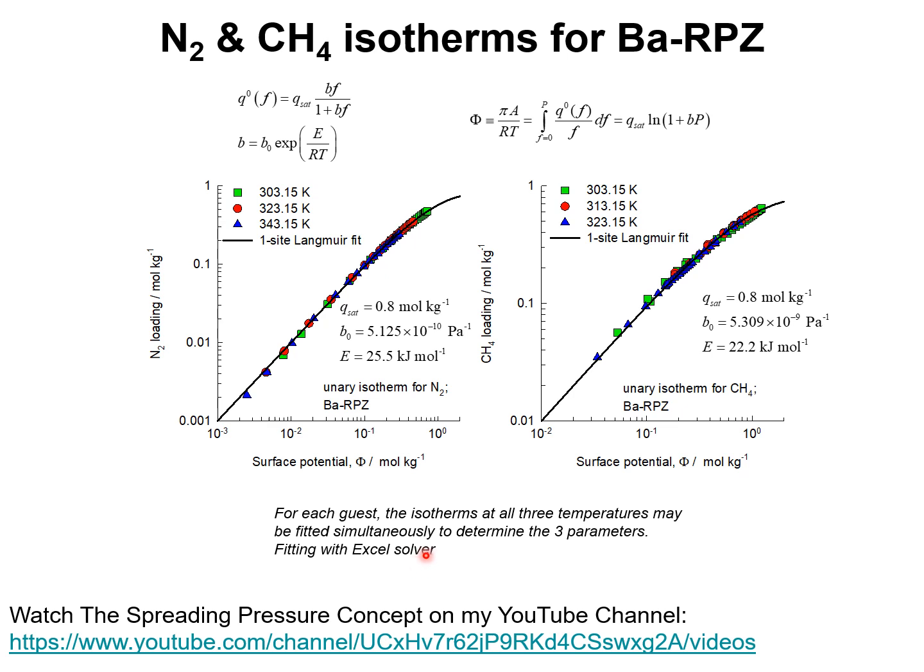So I choose the model first, and the simplest model to start with, and see if I get a good fit for the entire data set at different temperatures. And in this case, we note that the fits are excellent for both guest species. So the simpler model, in this case a single site Langmuir model, is the appropriate and the best one to use.